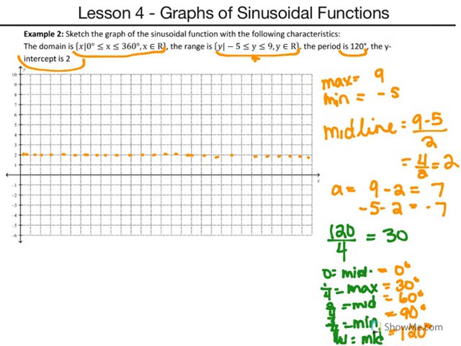So what's important to notice is that by the time you get to the end, it should be your period length, which is 120. So to label our graph, it's important to label using this just to make it easier on yourself. And we also need to draw the graph from 0 to 360. So 360 degrees has to fit on this graph. So I would try doing it every 2 to give yourself some space.